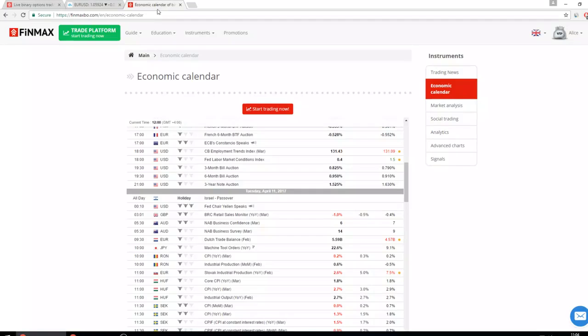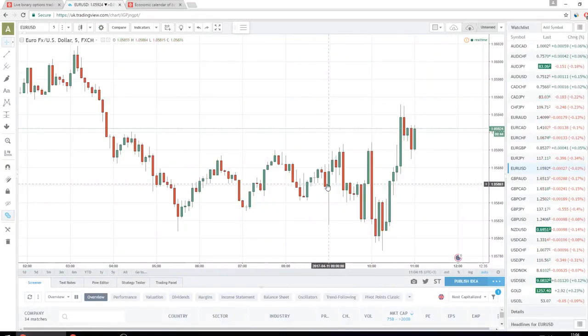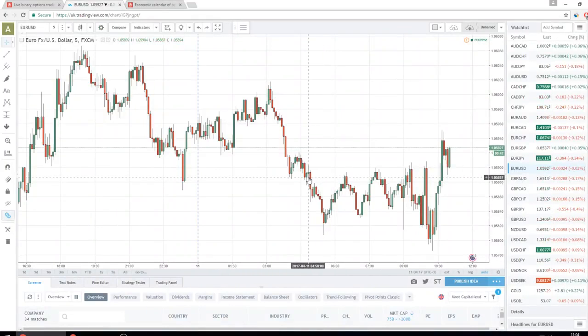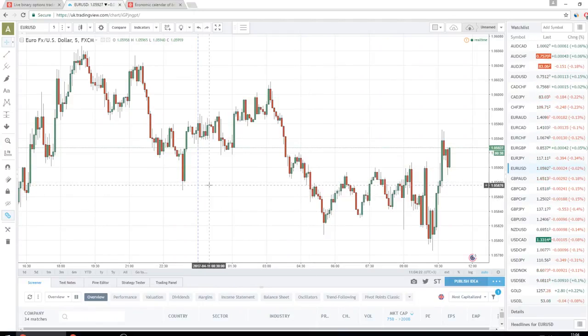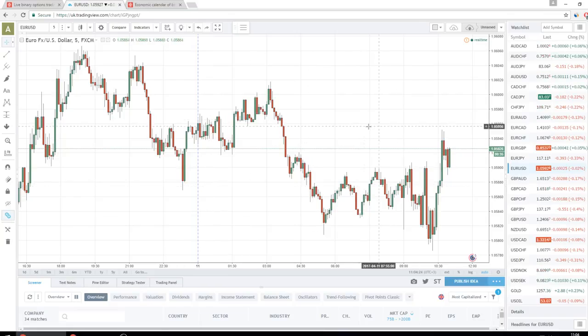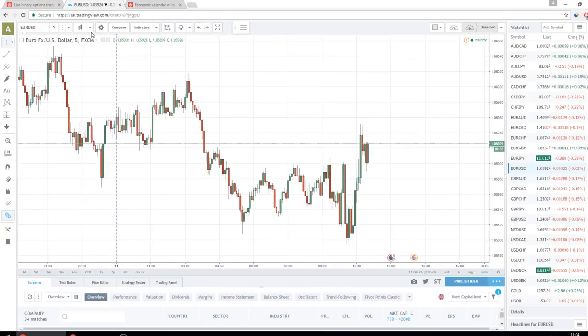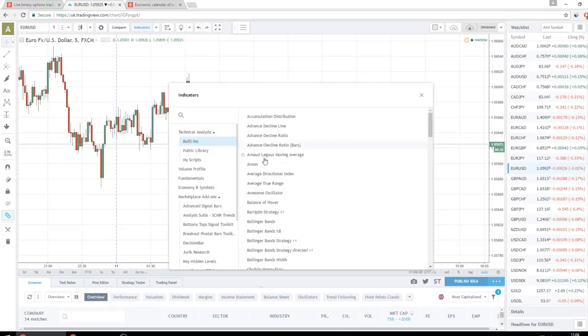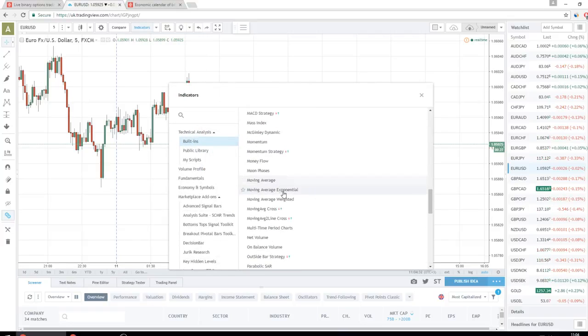Besides, this indicator can be added if you are using more advanced charts for deeper market analysis. Let's say here on the TradingView platform, we can also add moving average.